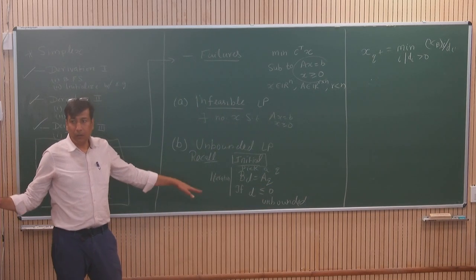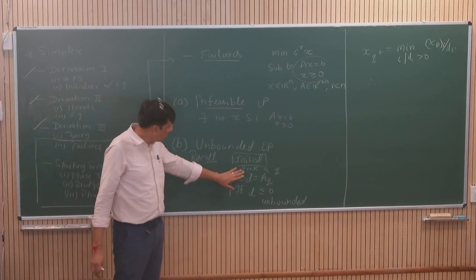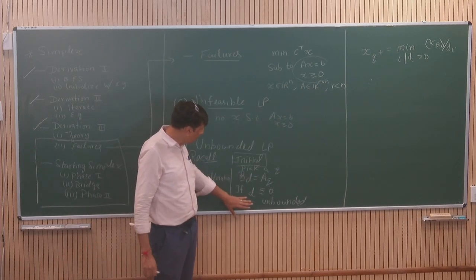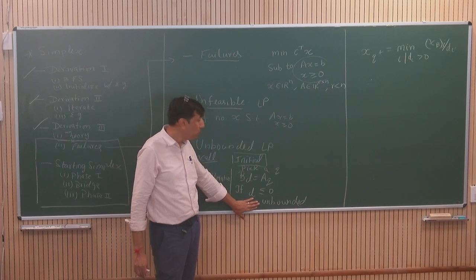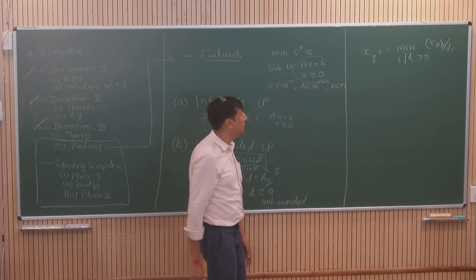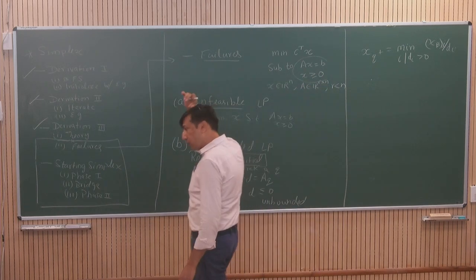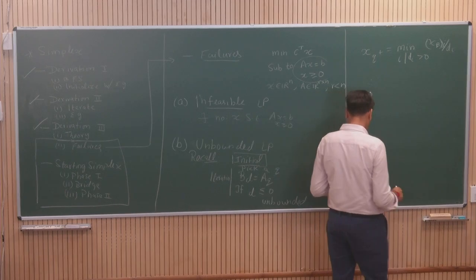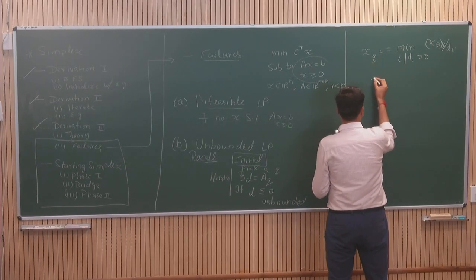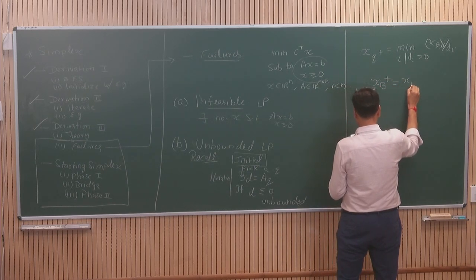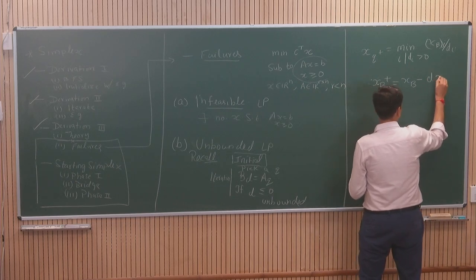Right, everybody recalled the algorithm. I've just briefly written it. You were initializing, then you were picking a q. If all mu's were not greater than 0, then you're solving for Bd equal to Aq. Then if all components of d are less than or equal to 0, we're saying unbounded. So why are we saying it's unbounded? So we recall we were writing xb plus is xb minus d times xq plus.